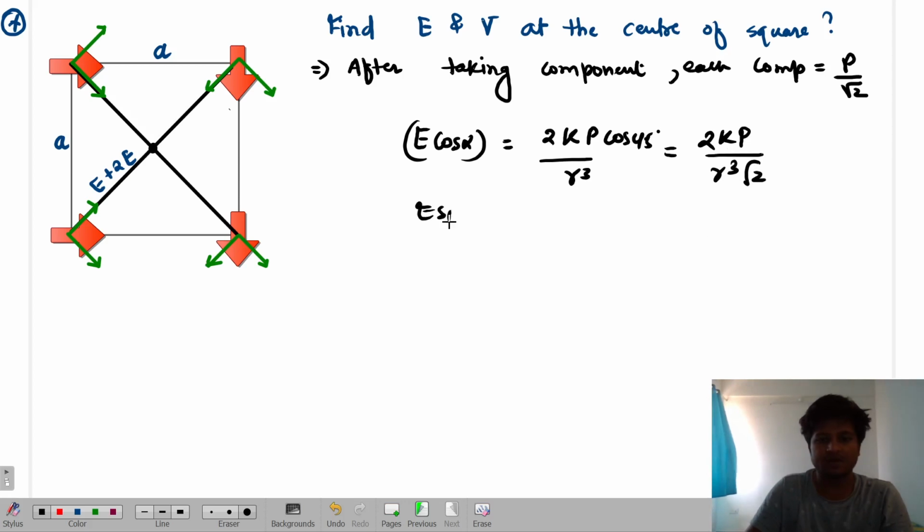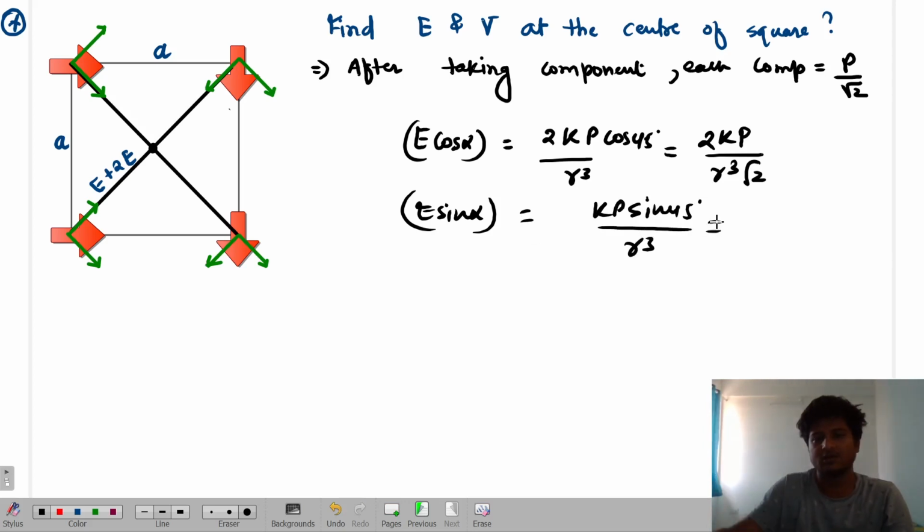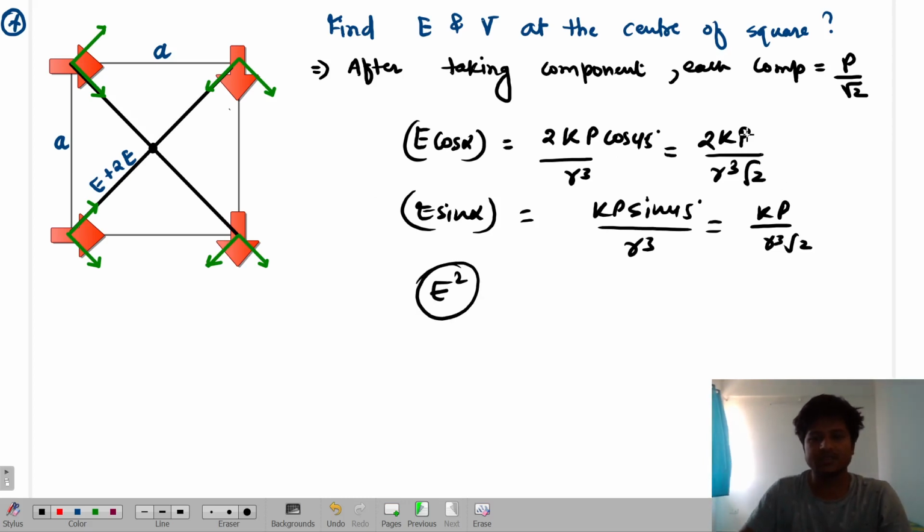Similarly, E sin alpha is what? Just Kp sin 45 by R cube, isn't it? So Kp by R cube into root 2. Are you able to get me?